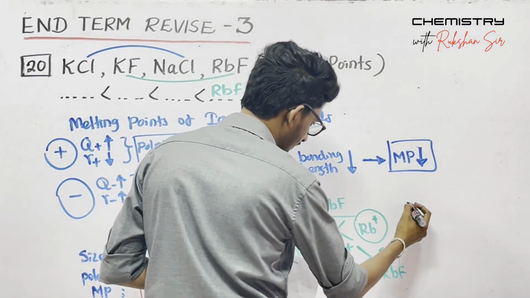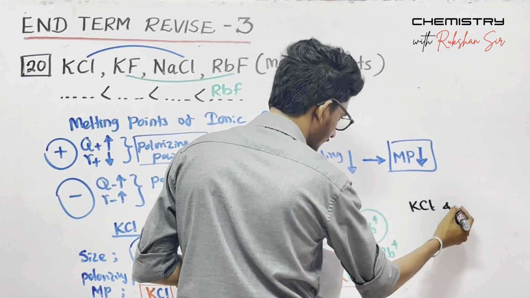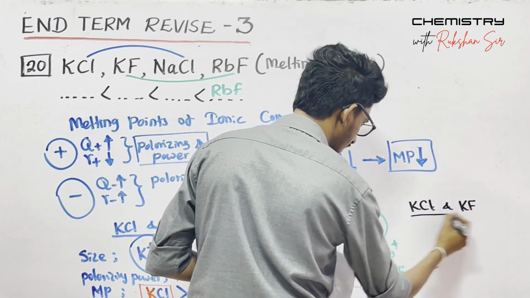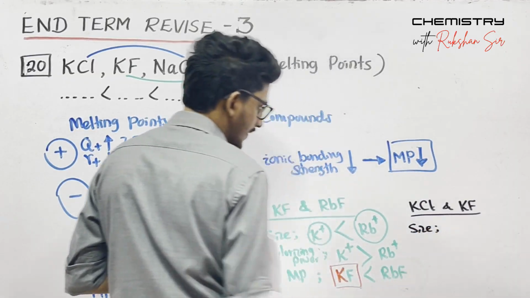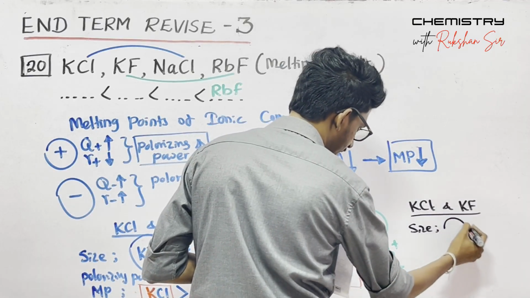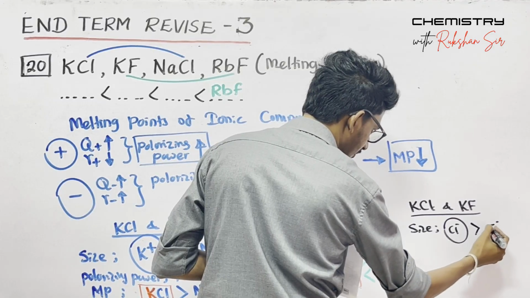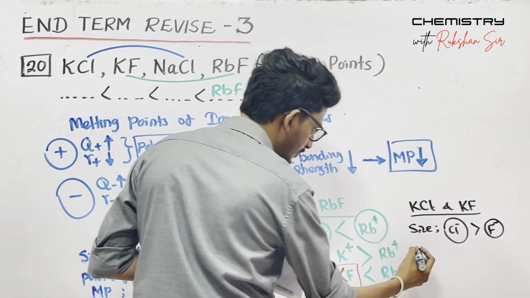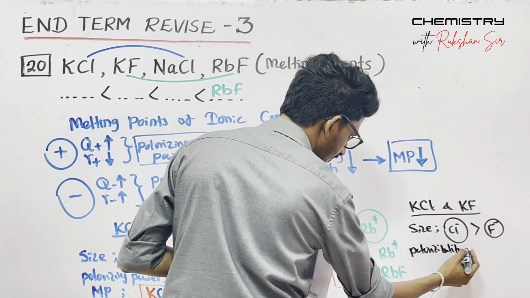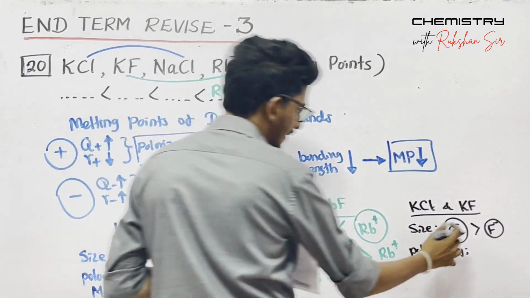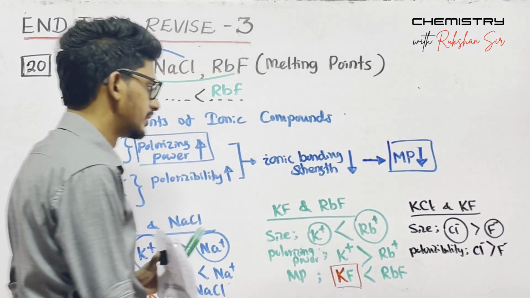When comparing the anion, KCl and KF, the size of Cl minus is larger than the size of F minus. So the polarizability of Cl minus is larger than F minus.